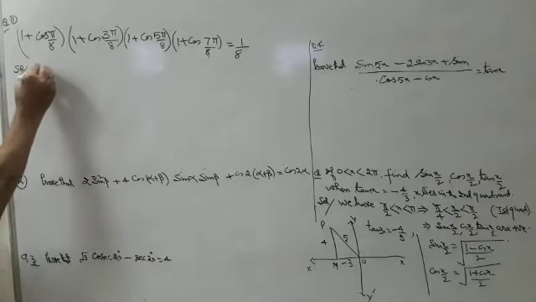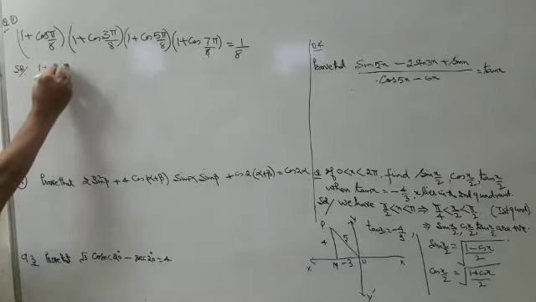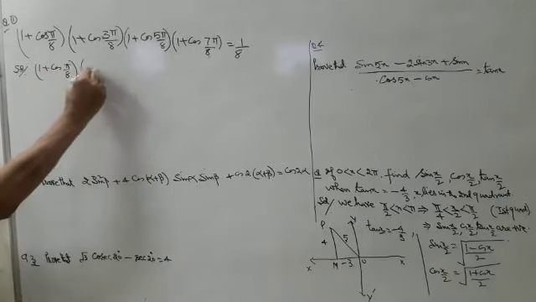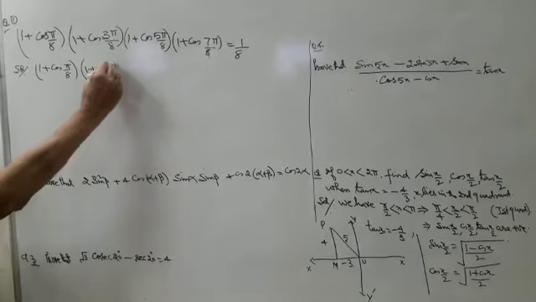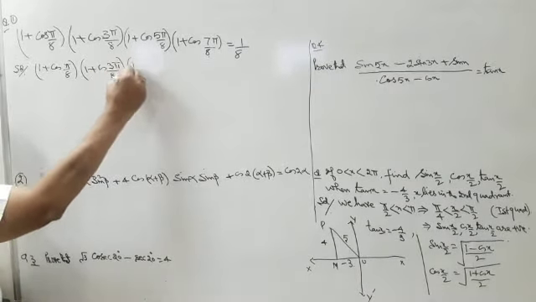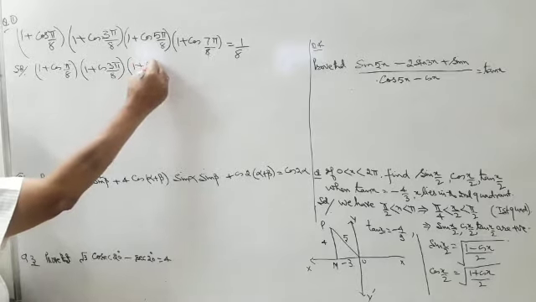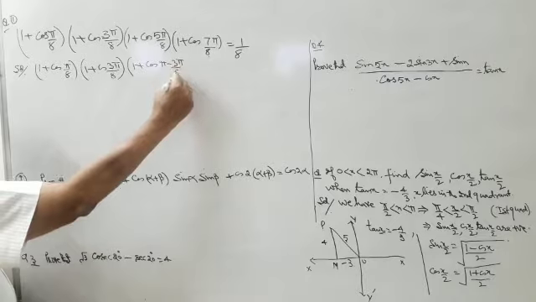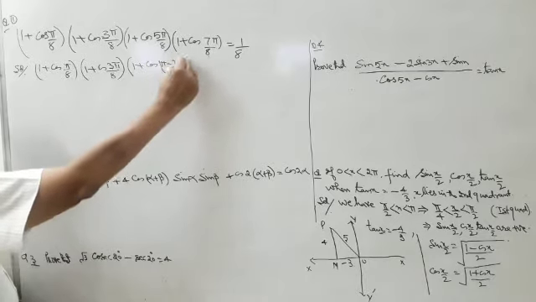It is 1 plus cos pi by 8 into 1 plus cos 3 pi by 8. Then I say 1 plus cos pi minus 3 pi by 8. You note down this step.